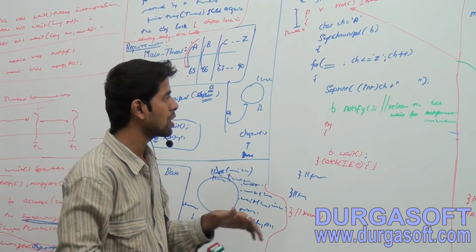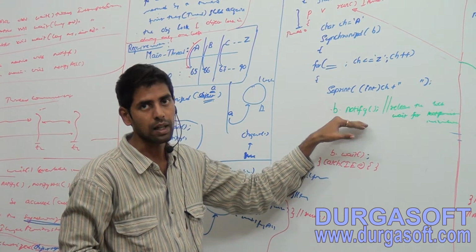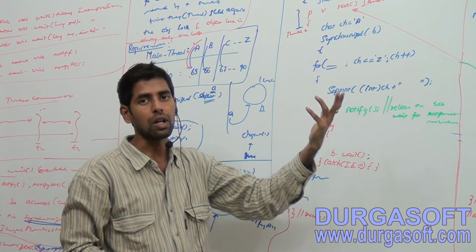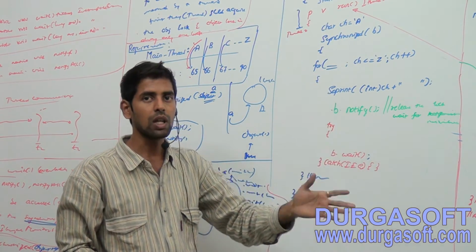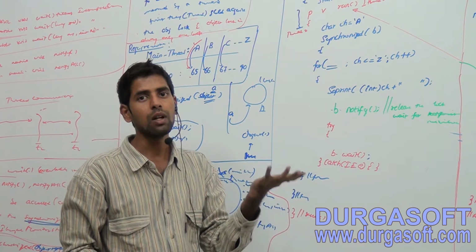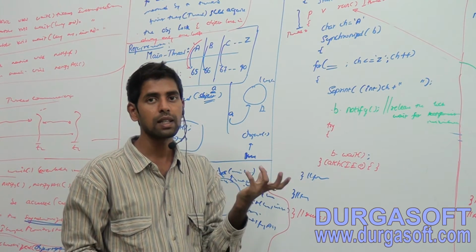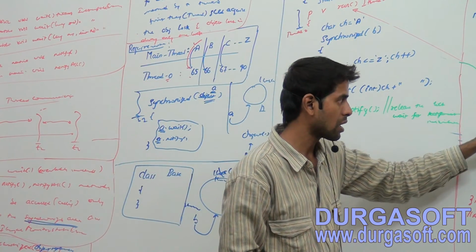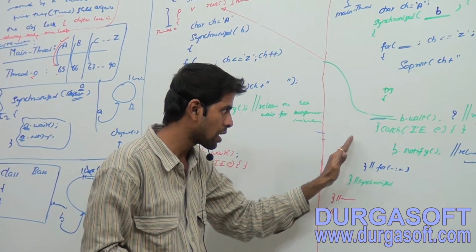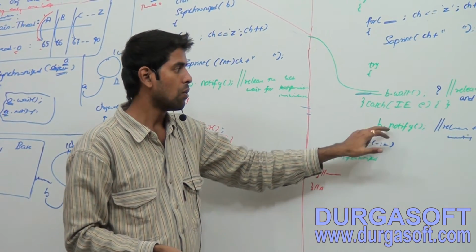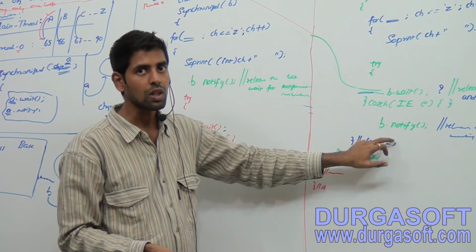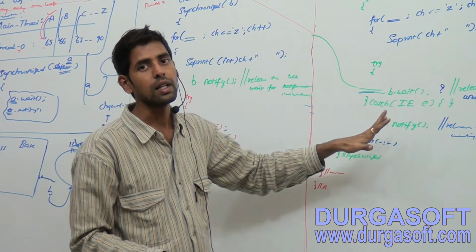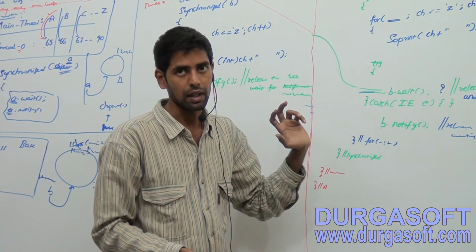Within that I'm calling the notify method. Now what happens? It will release a lock, it will go into the waiting state, and it will wait for updation or intimation. Now from here the control will come back to wait. Now there is no exception. Now it will come to B dot notify. What is it doing?